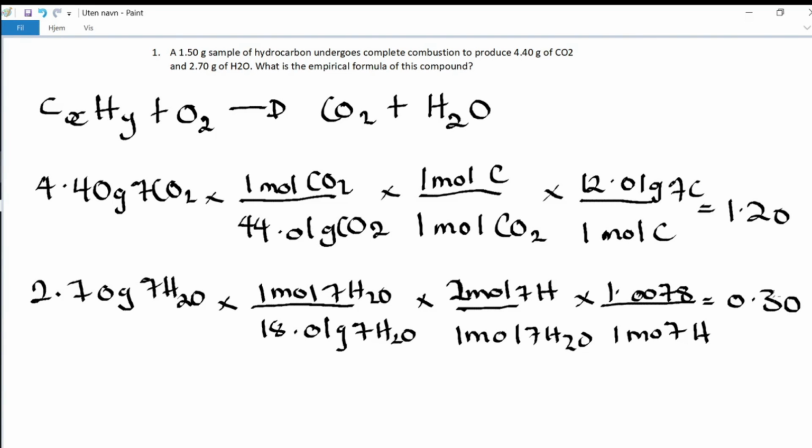So step 2 is to divide these numbers with the atomic mass of carbon and hydrogen.